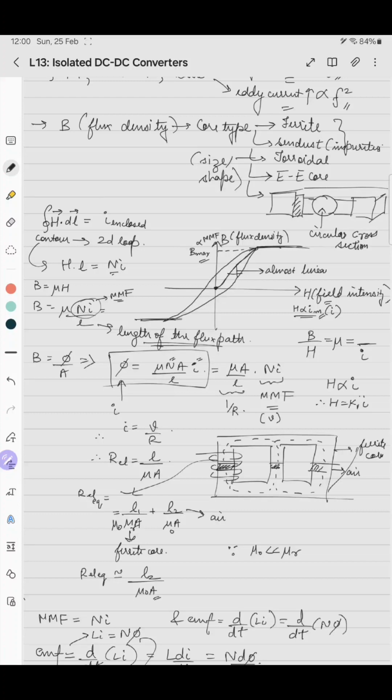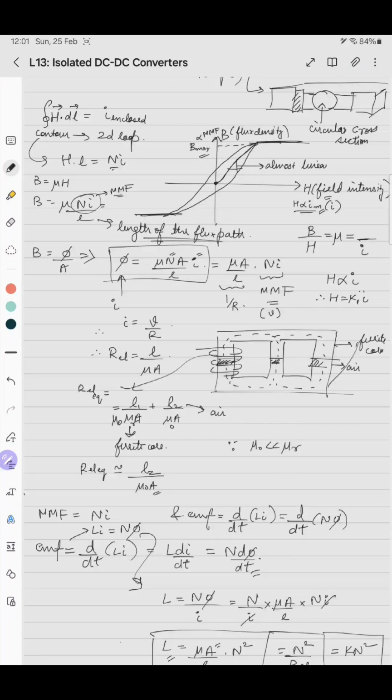H is proportional to Ni. So this formula phi equals mu NaI we can write as mu A by L into MMF. So phi to MMF.